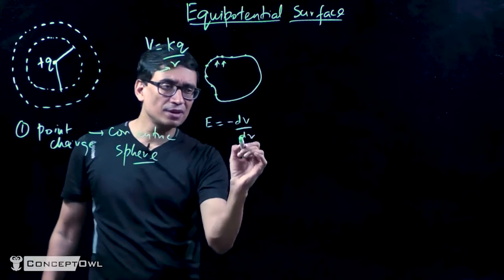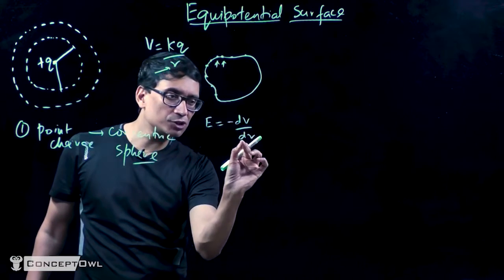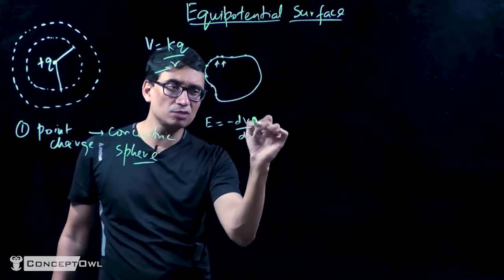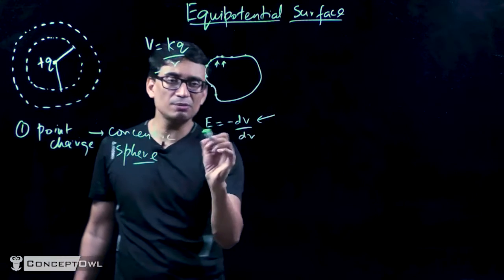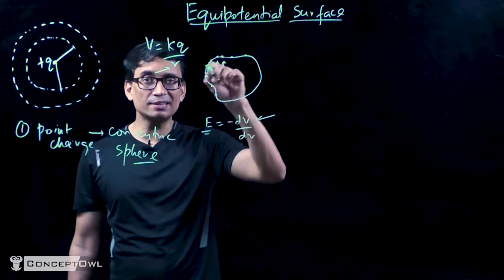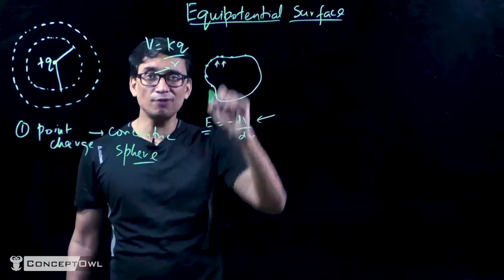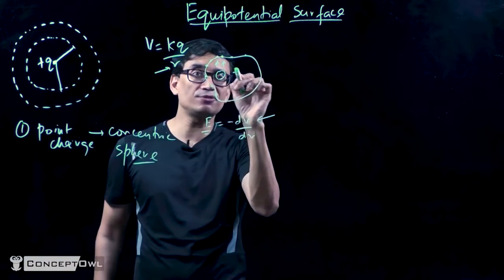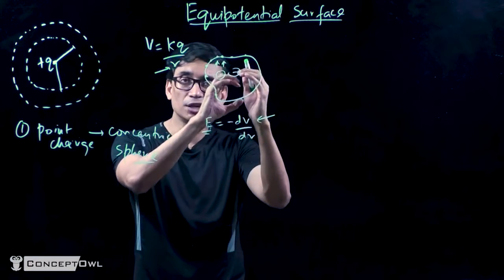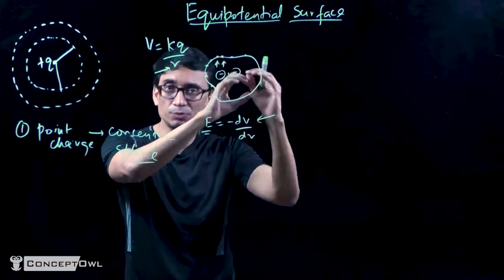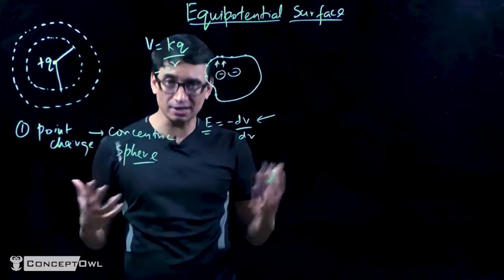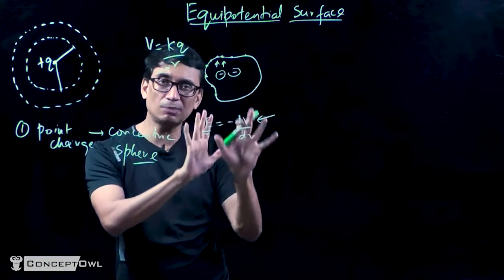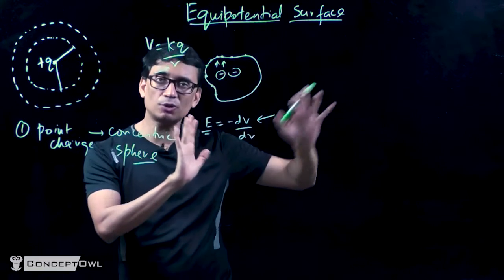So if for a change in position there is a change in electric potential, then we would have some electric field. If there's an electric field, charges can flow, because a conductor has free electrons. The electrons would start flowing, and then it is no longer electrostatics. We're talking about current, and here we're talking about electrostatics.